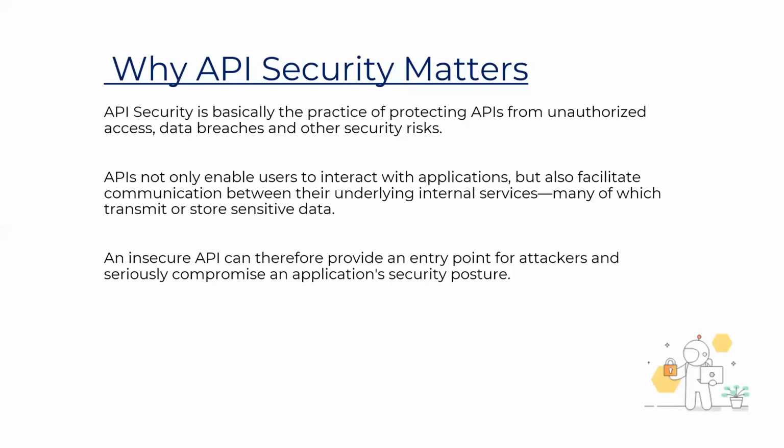It holds a lot of data, and some might even be very sensitive data. That is why you need API security. It not only enables users to interact with the application, but also facilitates communication between underlying internal services, many of which transmit and store sensitive data.